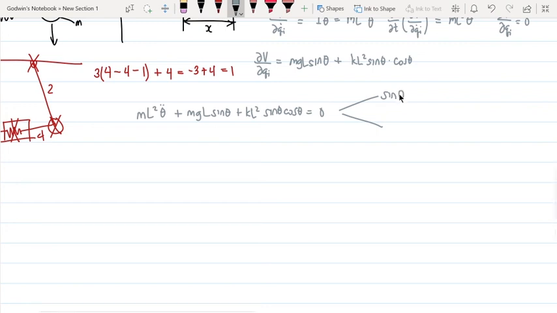We have sine theta is near theta, and cosine theta, well, if the angle is small enough, it's near cosine 0, which is 1. So tanggal. And then this becomes theta.